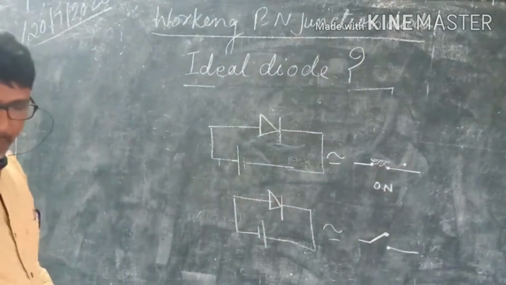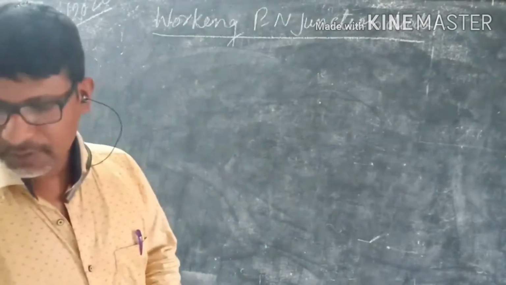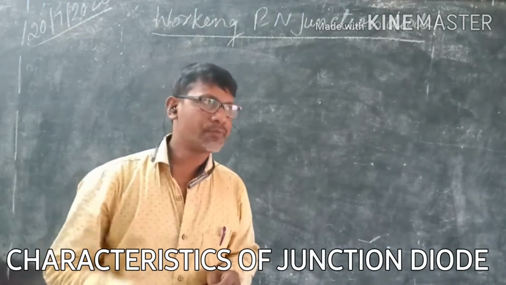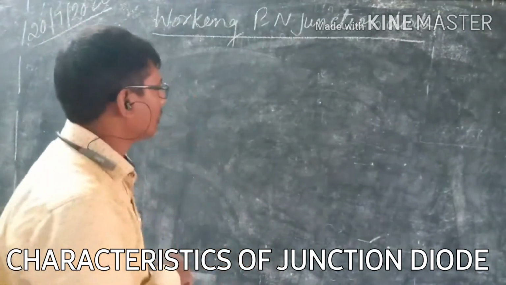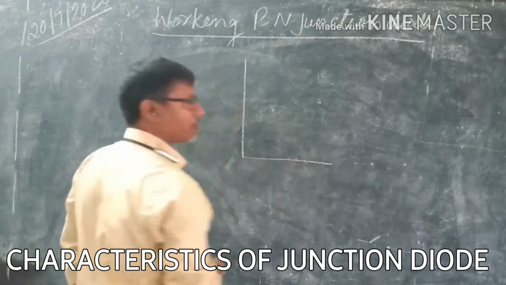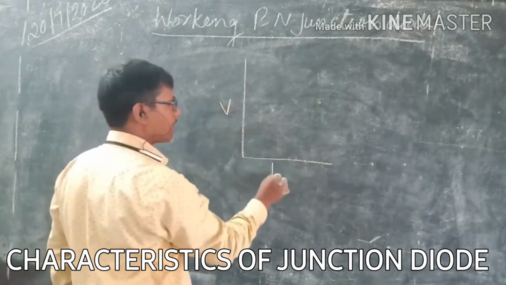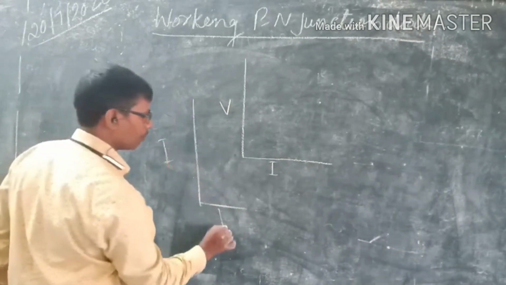So this is the PN junction characteristics, means plotting a graph between current and voltage. As we have seen in the conductor, the Ohm's law, when I say the characteristics of Ohm's law, I can plot either VI or IV.